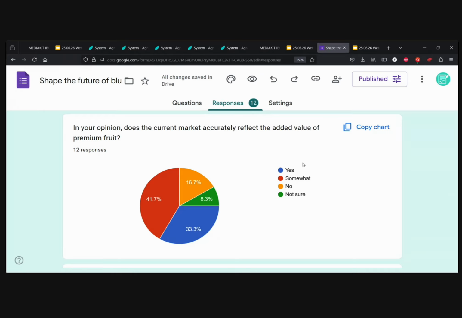And along the supply chain, especially in the last couple of years, there's been a change. 5 years ago, there was really no differentiation between good blueberries or bad blueberries. They're just little blue balls.